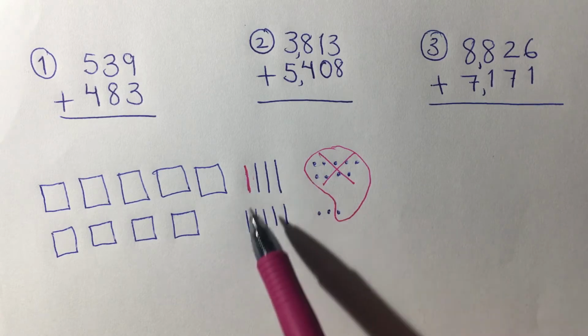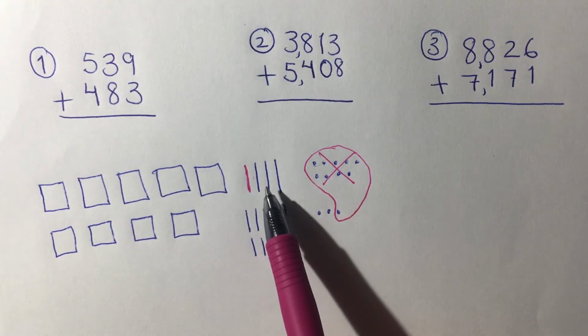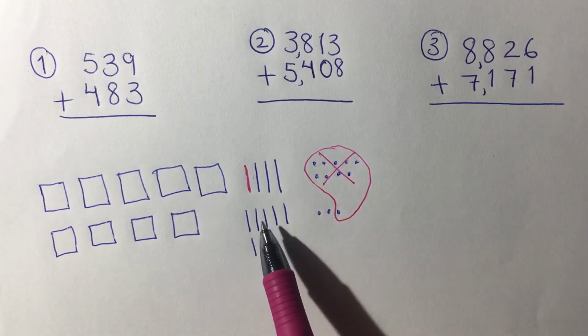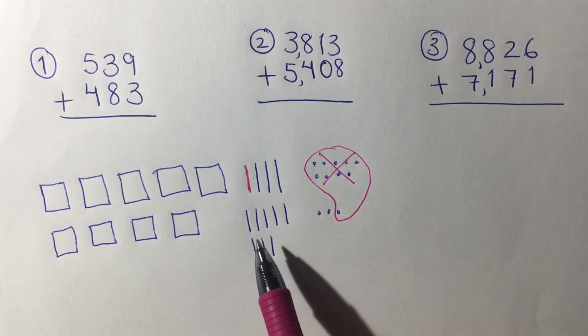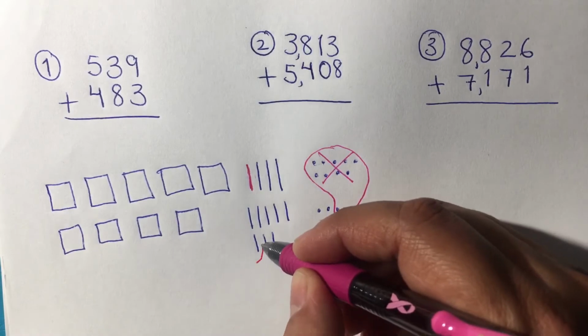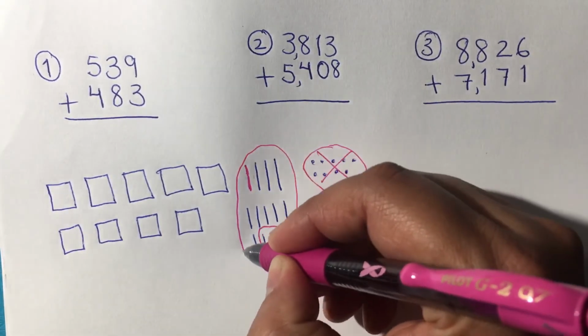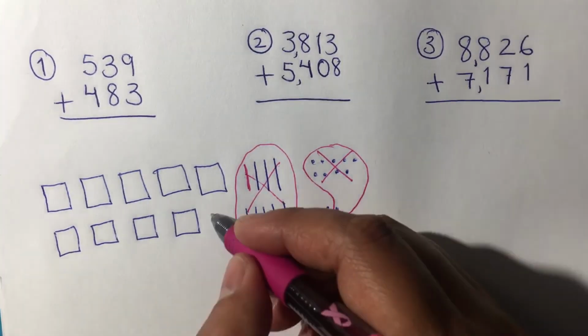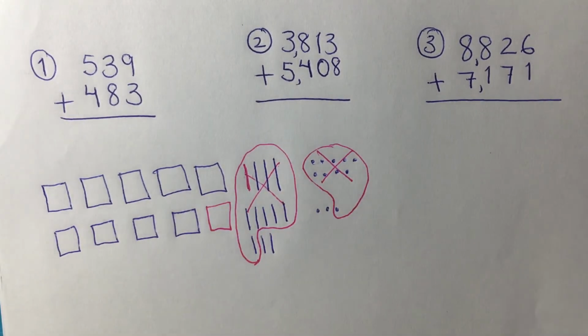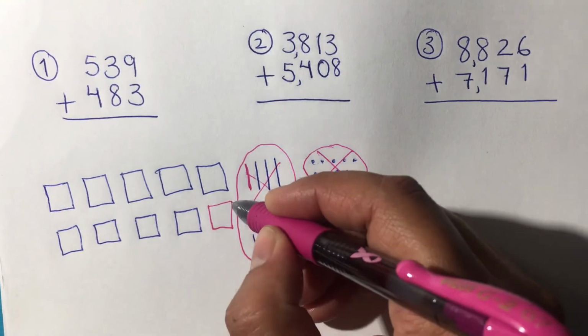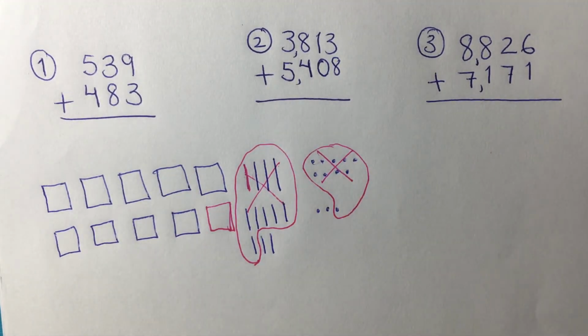If these are $10 bills, I have 10, 20, 30, 40, 50, 60, 70, 80, 90, 100. I can go to the bank and exchange this for one more $100 bill. That's 100, so I just have 1 in here.